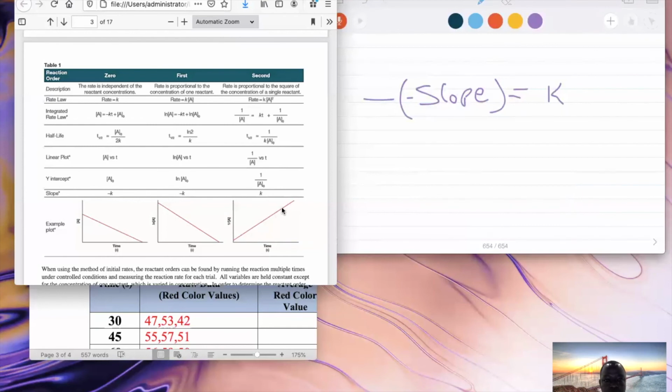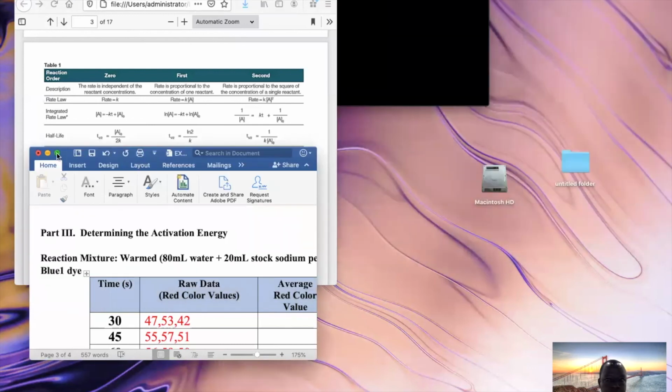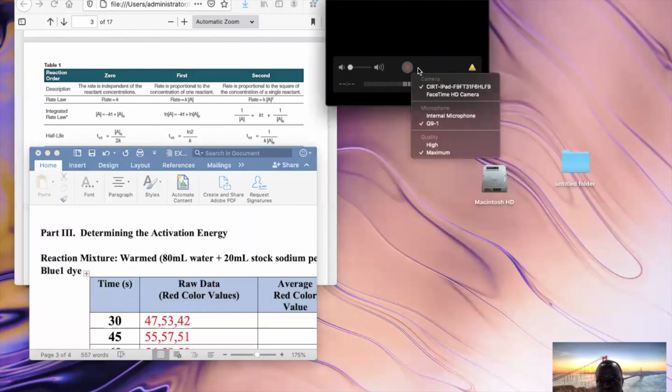So that's what you need to remember, that you also need to add the equation of a straight line, all right, and add a trend line, that's the R value, based on what tested positive for that.